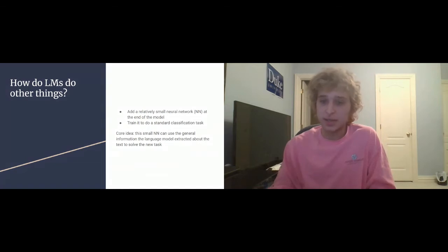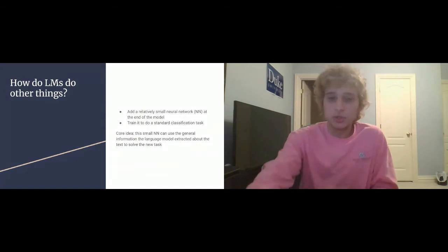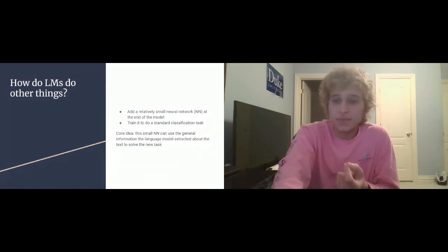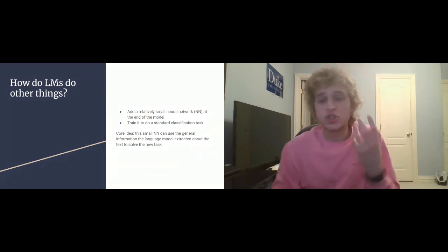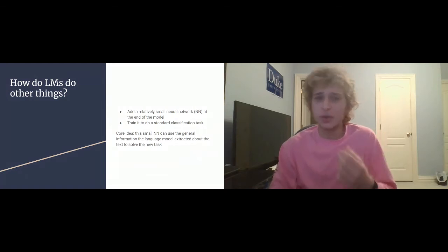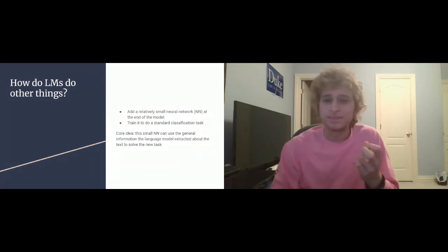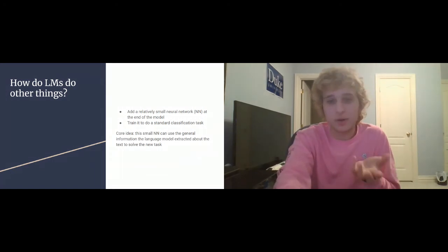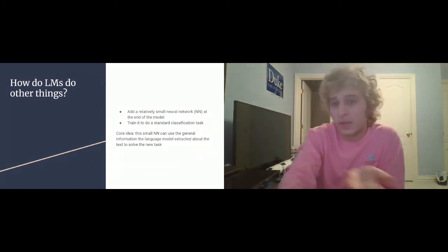The basic idea is that for the language model to predict the next token, the only way it can do that well is if it understands very general information about language. It wouldn't really make sense if you could do this prediction really accurately but didn't understand anything about language. I don't know how that could be possible.